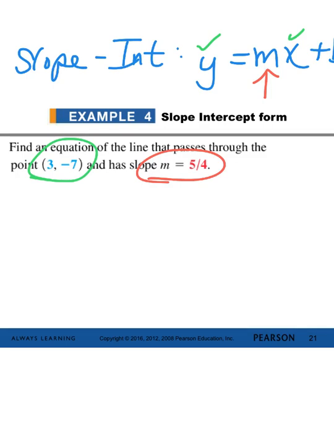The simplest way to do this then is to say that y, which is negative 7, is equal to the slope, which is 5 over 4, times x. Oh, and by the way, x is positive 3.